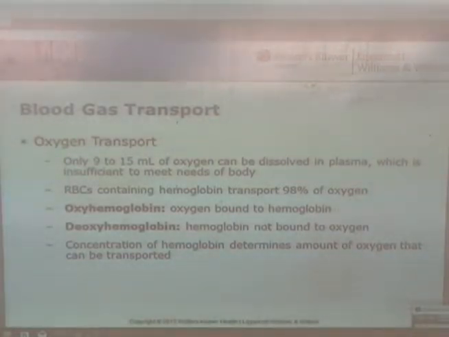Pregnancy can cause iron deficiency because the body will divert the iron to the baby. So if you don't intake more, then you can become anemic because you're pregnant.